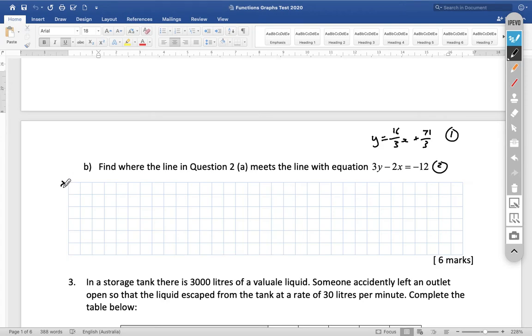Now, equation 2, rearranging, I could write y equals 2/3 x. Right, so we need to add 2x to both sides, but then we have to divide it by 3, minus, what's 12 divided 3? 4. Right.